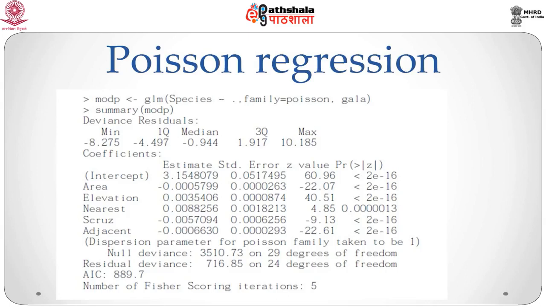The measure of goodness of fit is given by the residual deviance, and we can compare this by comparing the deviance of the model against the average value of a chi-square distribution with degrees of freedom equal to that of the model.